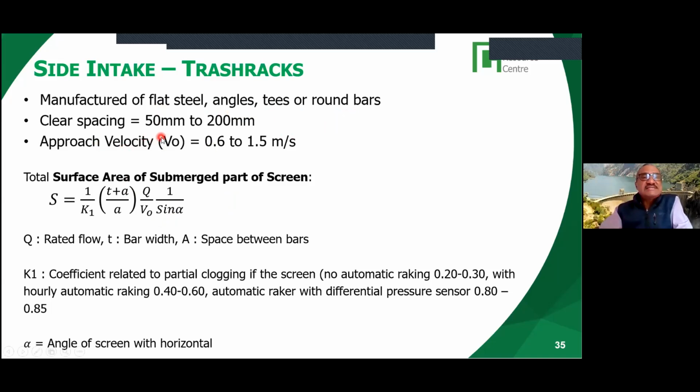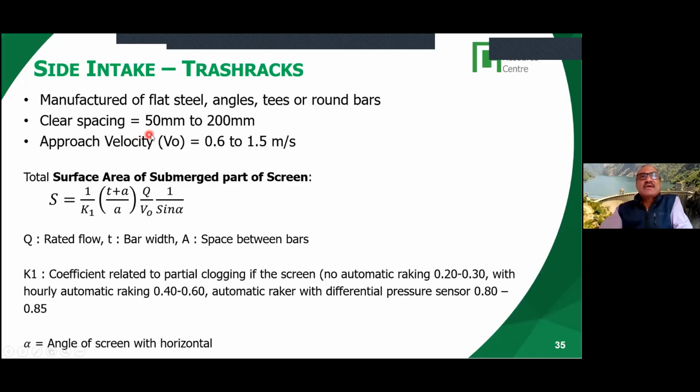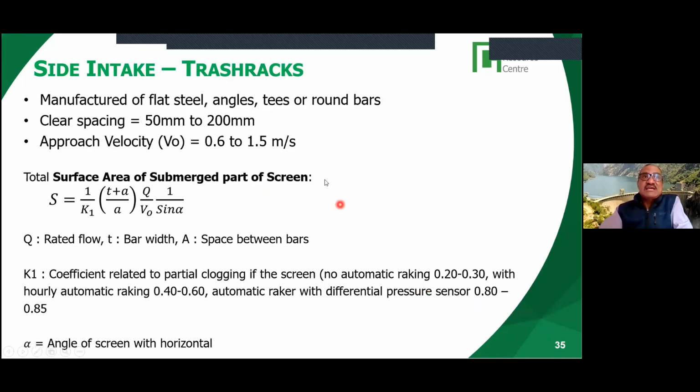The clear spacing of this trash rack is between 55 millimeter and 200 millimeter, so that any small logs or sediment, small gravels, rocks larger than this size don't enter.